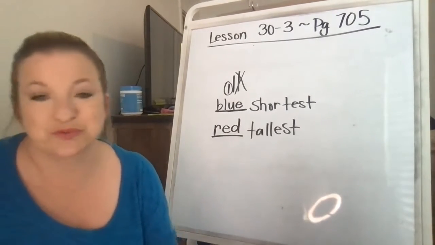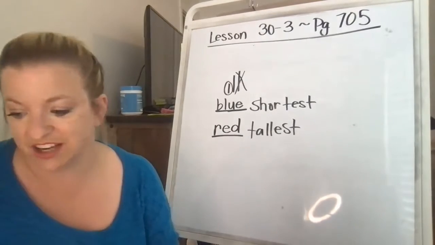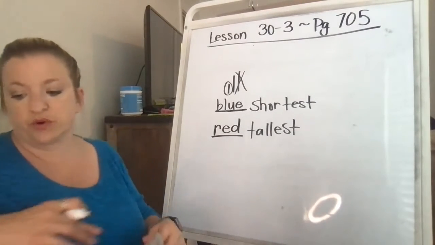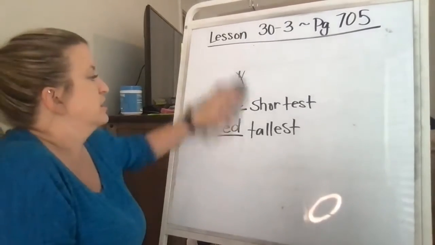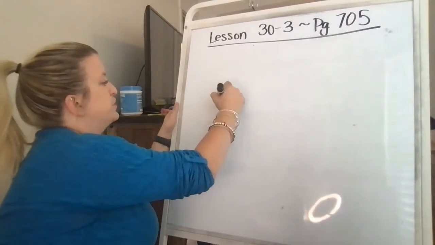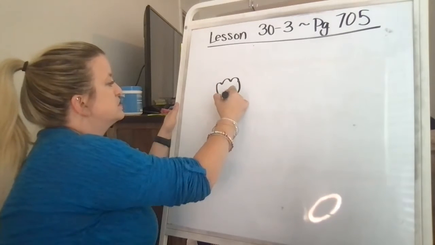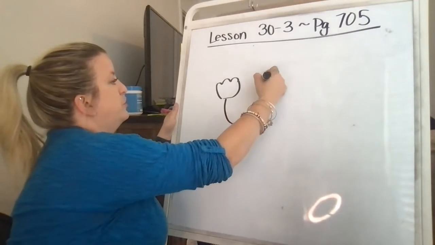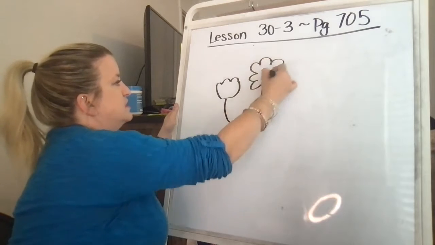Turn the page. Ooh, there's pretty plants and flowers. Miss Lim loves that. Number 2, Buzz says the red flower is the shortest. Do you agree? Why or why not? So you have like this pretty red rose. And then you have a beautiful Gerber daisy. There's the daisy.